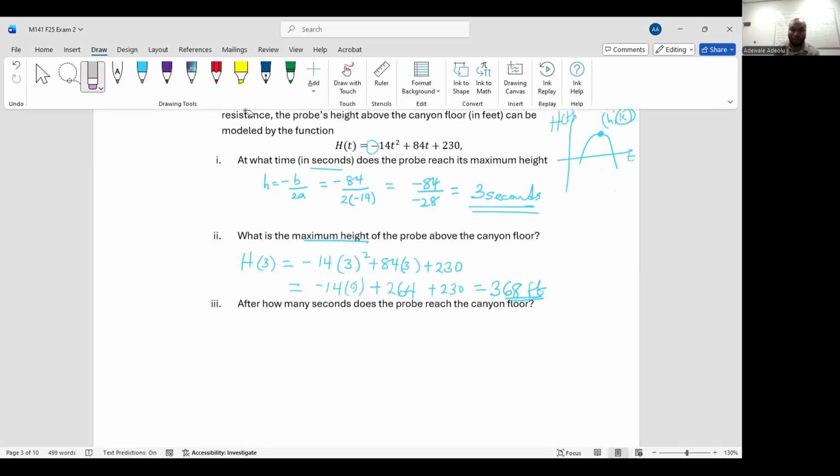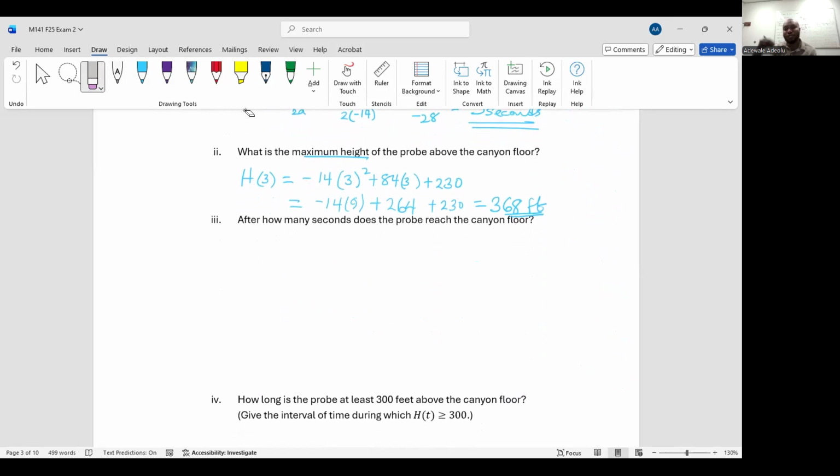Now, the next thing is to find after how many seconds the probe reaches the canyon floor? Well, we are asking when the height is 0. So we need to find negative 14t squared plus 84t plus 230, and set it to 0.